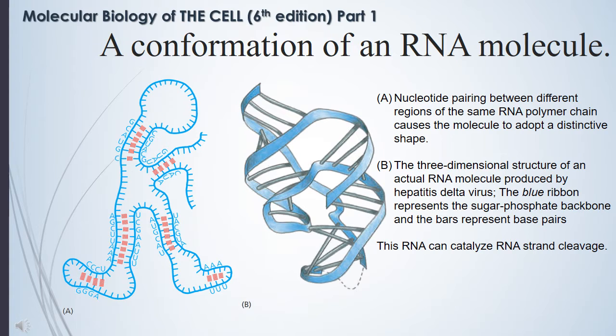So here's an example of RNA produced in hepatitis delta virus. As you can see, there is a lot of complementarity within the same molecule, and it makes quite a few bonds between individual nucleotides, producing a well-defined secondary structure.